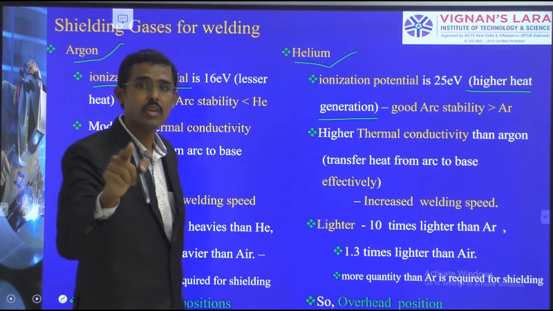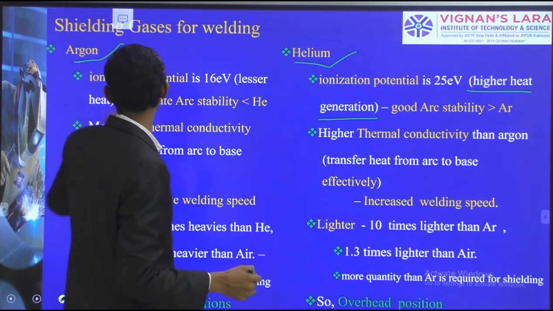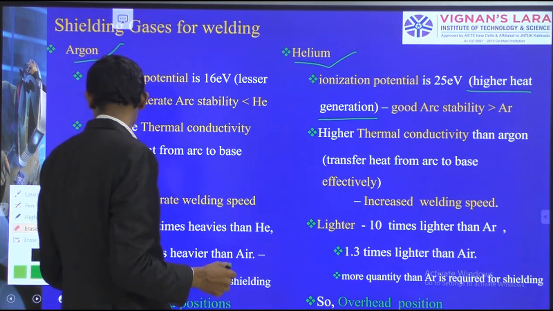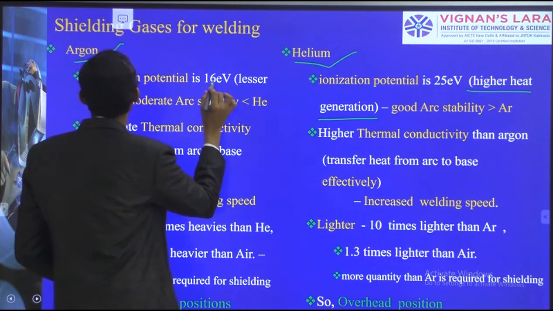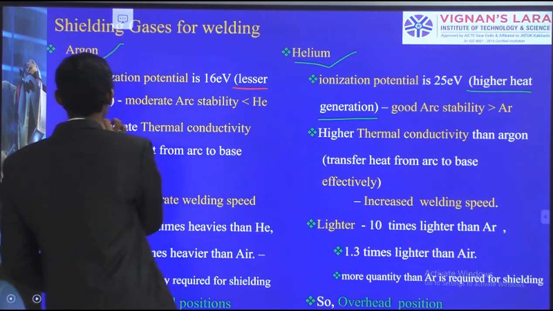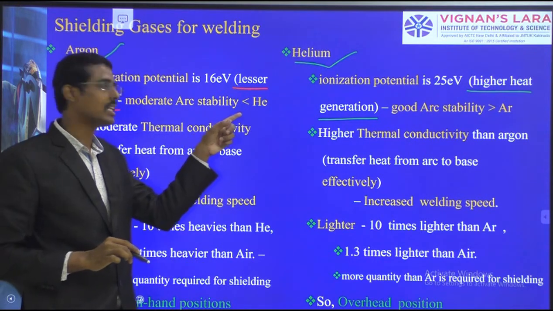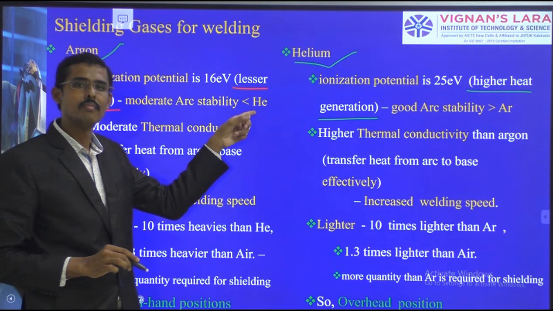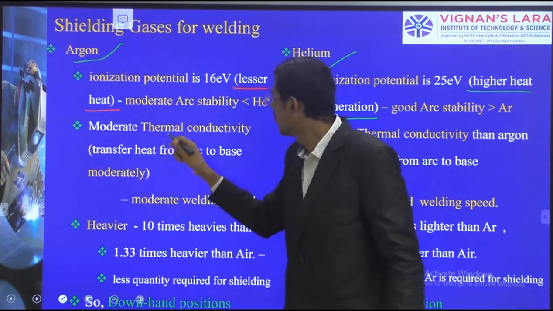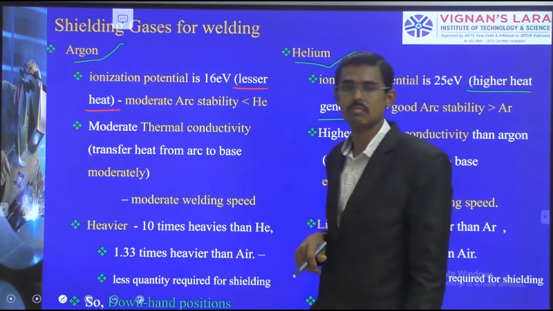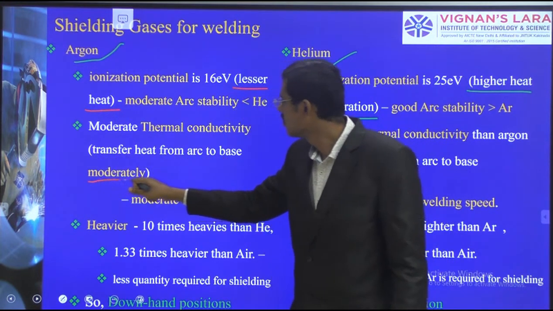When we use helium, it generates high heat, but with the ionization of argon, less heat is generated. Argon has moderate arc stability, which is lesser than that of helium. One more thing I want to tell you: it has a moderate thermal conductivity also. It means the heat transferred from the arc to the base is also moderate.